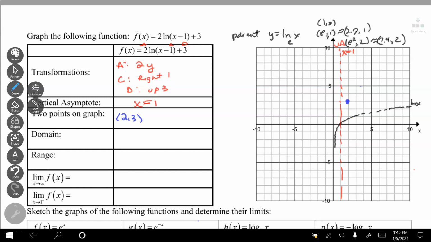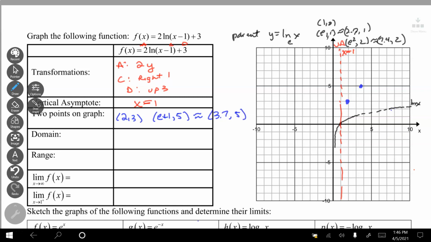Right 1, up 3, which is right here. And that point is e plus 1, comma 5, which is about 3.7, comma 5. And technically that's enough for me to draw the graph.